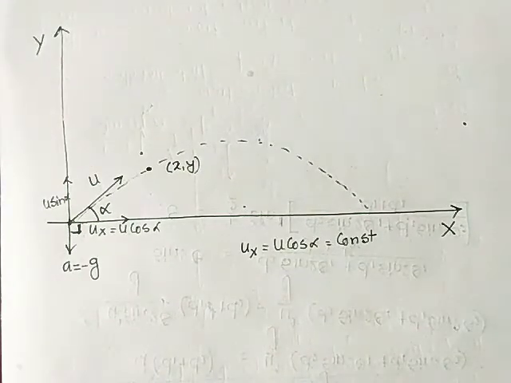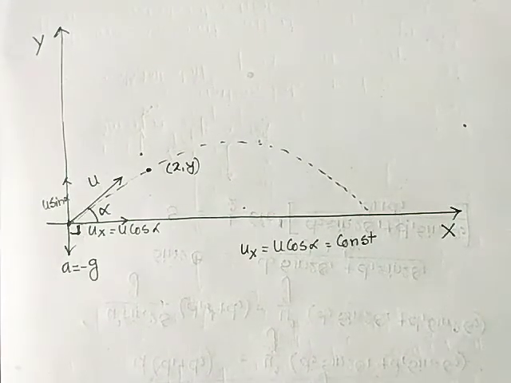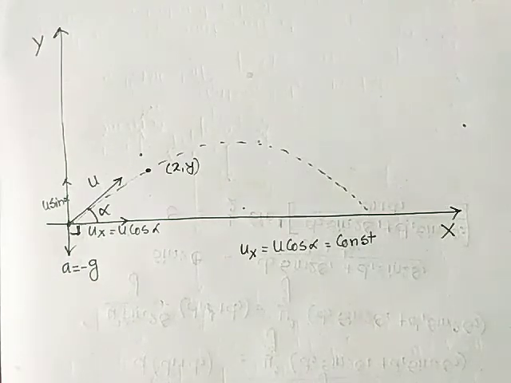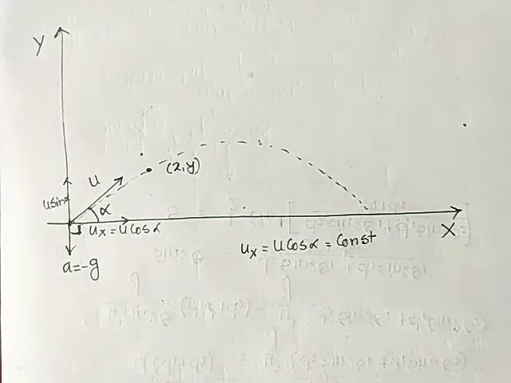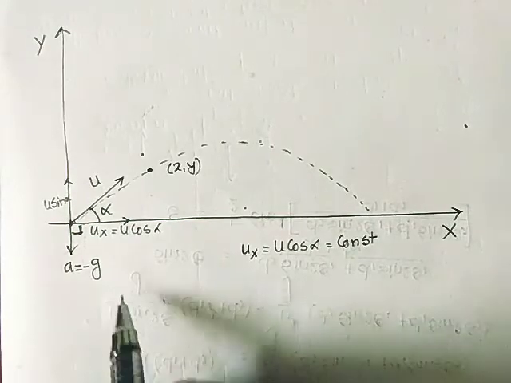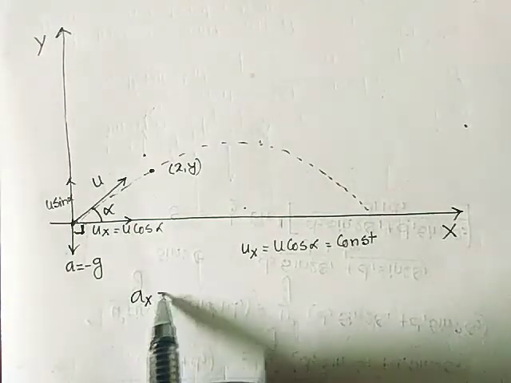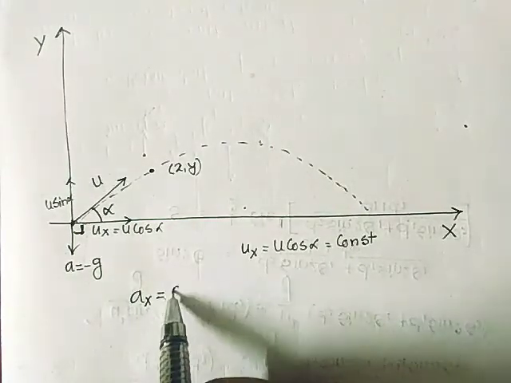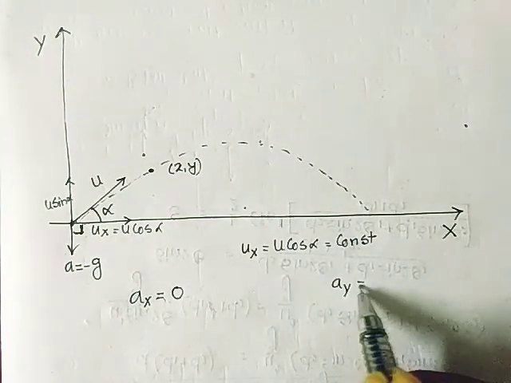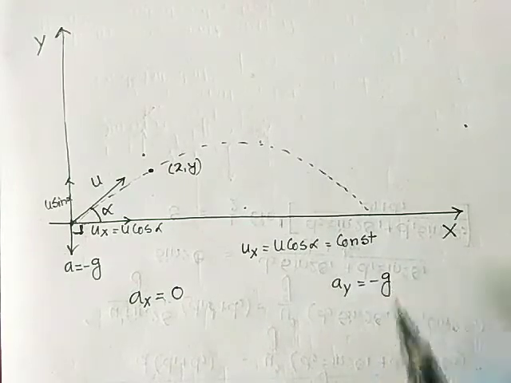When I am discussing rectilinear motion, if you see this series, then you know that if the acceleration is known, and how the acceleration varies is known, then you can find the equation of motion by the method of integration easily. So here, that scenario that I have drawn again, along the x-axis the acceleration is actually 0, but along the y-axis the acceleration is minus g.